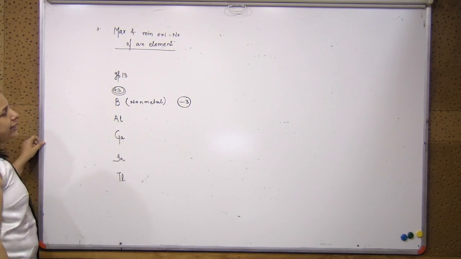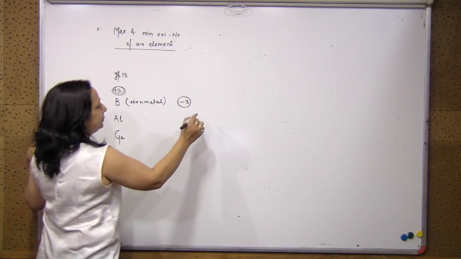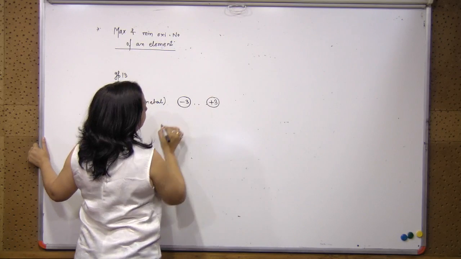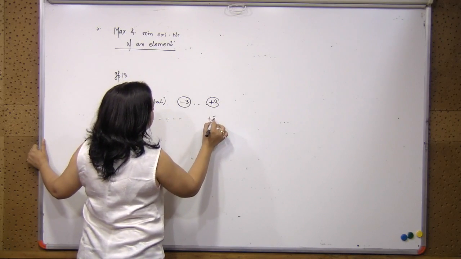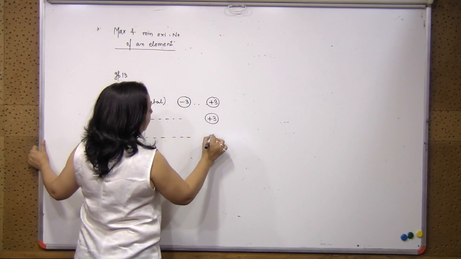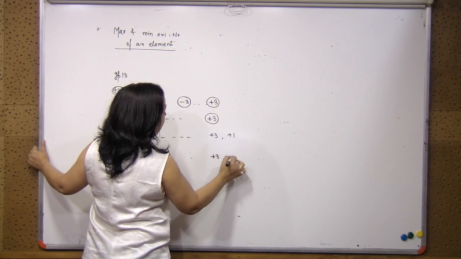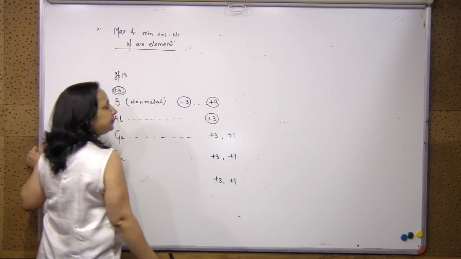It means boron can show minimum -3 and maximum +3. Aluminium, being a metal, stably shows +3. Gallium: +3 and +1, +3 and +1, +3 and +1.